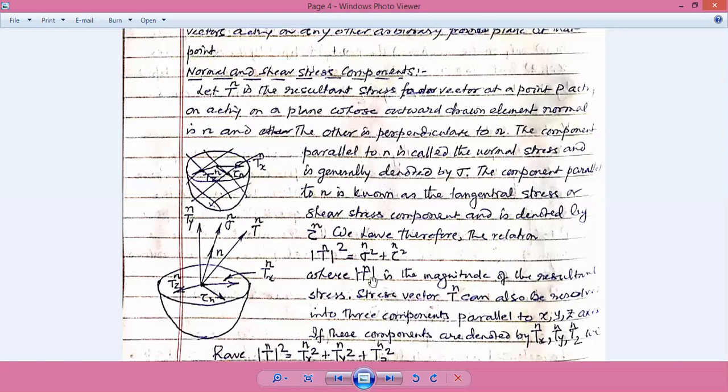Now T, the magnitude of the resultant stress, can also be resolved into three components parallel to x, y, z. We can resolve the resultant along the normal and perpendicular to the normal of this plane, as sigma squared plus tau squared.